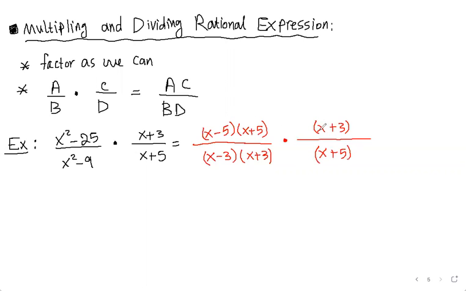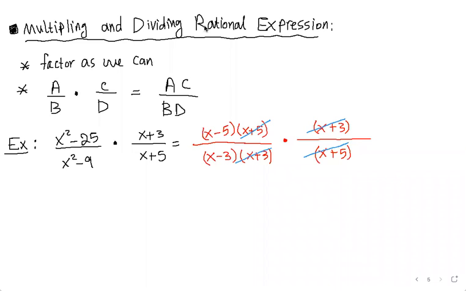So we can simplify, then we use the property. Which one can I cancel? I can cancel this one with this one, right? I can cancel this one also with this one.